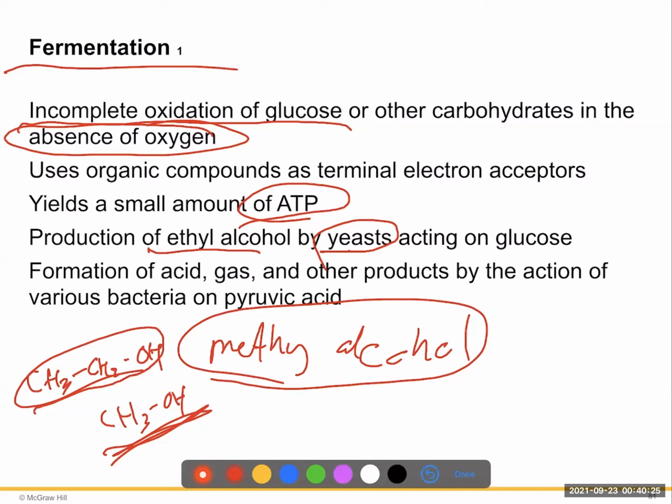Okay. In the production of ethyl alcohol, you get formation of acid, gas, and other products by the action of various bacteria on the pyruvic acid during glycolysis. Glycolysis is the first step of all anaerobic respiration, aerobic respiration, and fermentation. Okay, and that's your pyruvic acid. Glucose goes to glucose 6-phosphate and then goes to pyruvic acid.